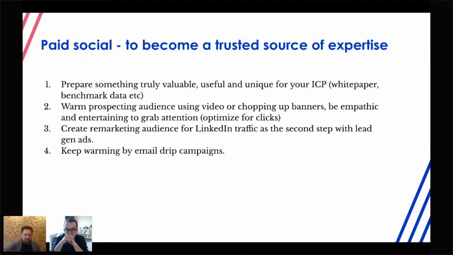Because the next campaign that you will set up is a remarketing audience, for example for LinkedIn traffic, as a second step with lead generation ads. And another step for you is to keep warming them with email drip campaigns and prepare dedicated sequences for different life cycle stages.